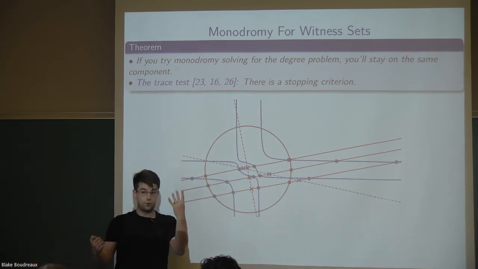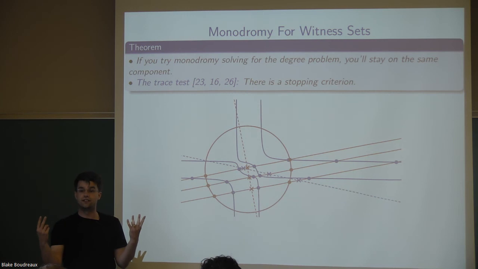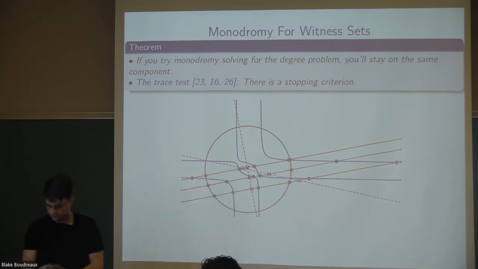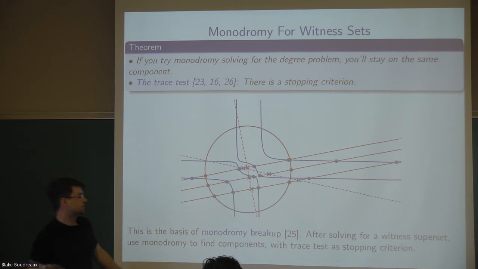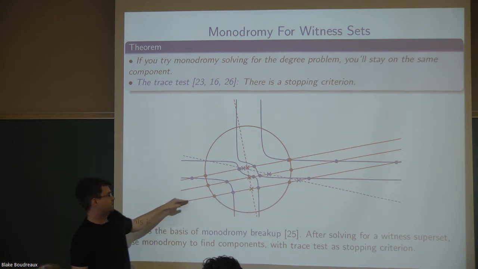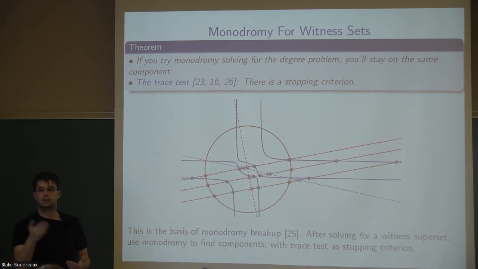You'll notice only 4 are permuting and 2 are permuting. And that gives you the components. So that is called the monodromy breakup algorithm. So after you solve for what's called a witness superset, which means all the intersection points, then you do monodromy and you partition these points based on their orbits under the monodromy group.